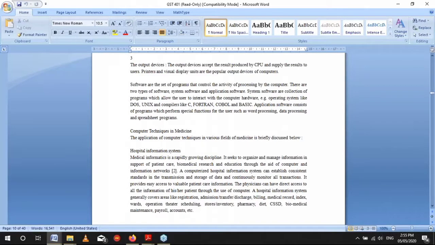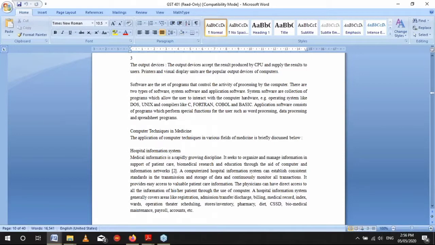This consists of programs which perform special functions for the user, such as word processing, data processing, and spreadsheets. So we have two types of software.